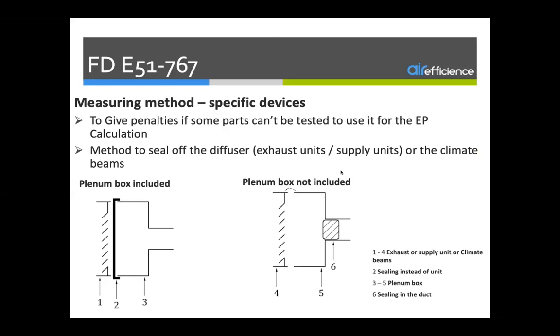Example, the method to seal off the diffuser for exhaust unit or supply unit, or the climate beams. On the left, the plenum box is included in the part of ductwork tested, and on the right, the plenum box is not included of the part of ductwork tested.